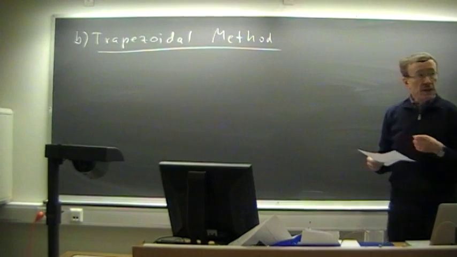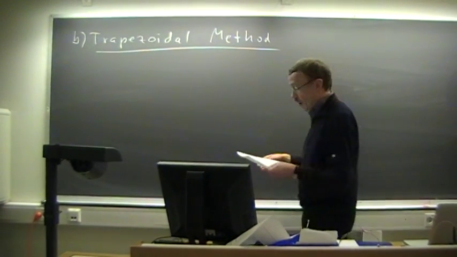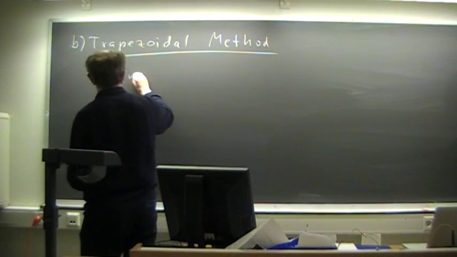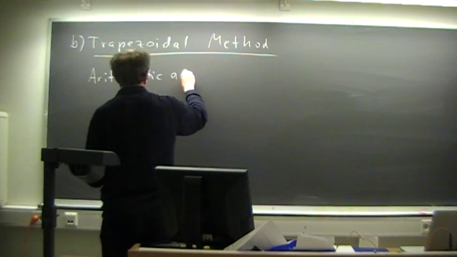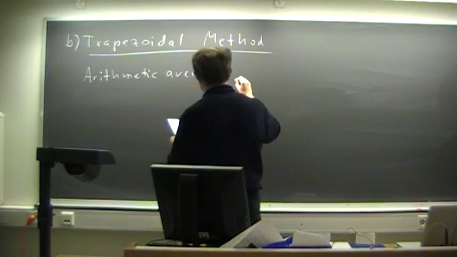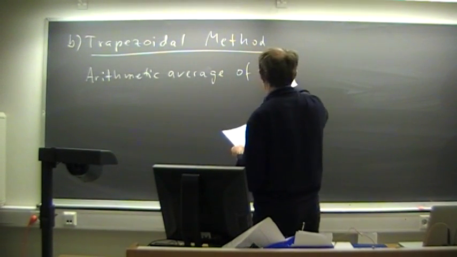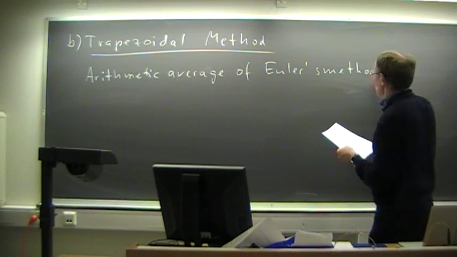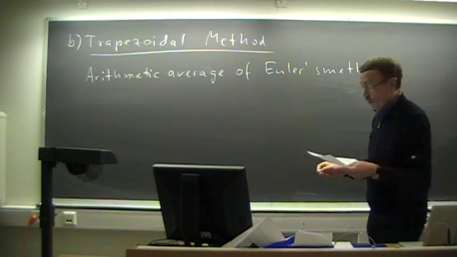So how can we get that? There are different ways. One easy way is simply to take the arithmetic average of Euler's method, the explicit method, and the implicit Euler method.